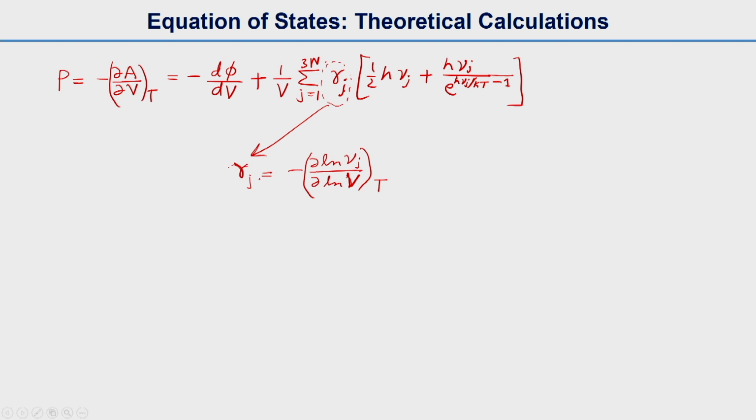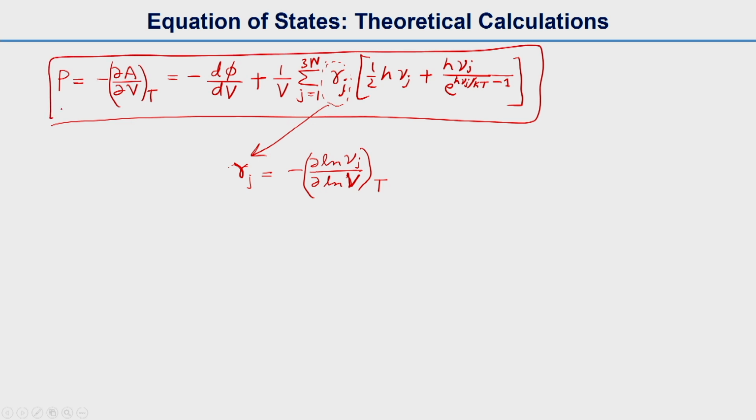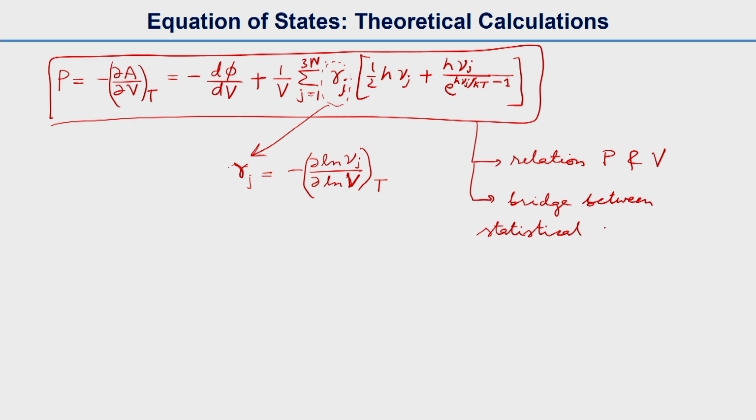So this is gamma_j, and if you see this relation, you can tell that it is a relation between pressure and volume, and also a bridge between statistical mechanics and thermodynamics.